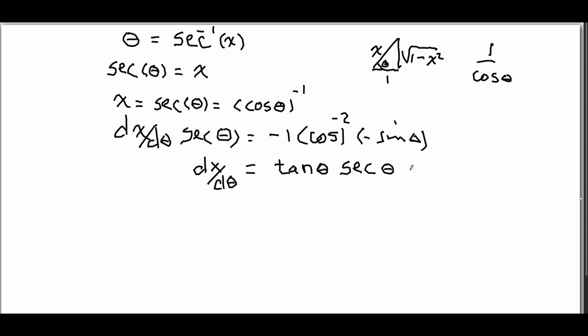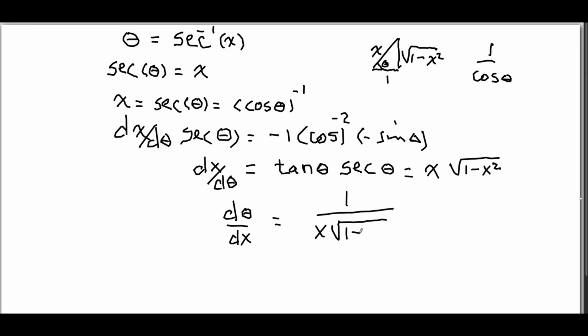And so this is equal to, well, secant theta is x, tangent theta is the square root of x squared minus 1, and so d theta dx is equal to 1 over x times the square root of x squared minus 1. And that's the derivative of the secant function.